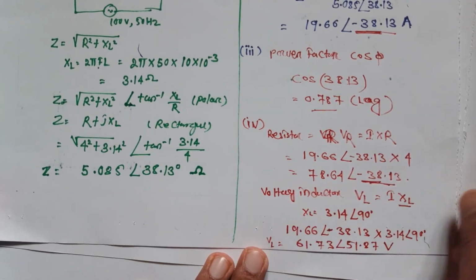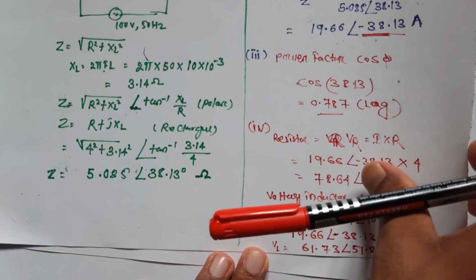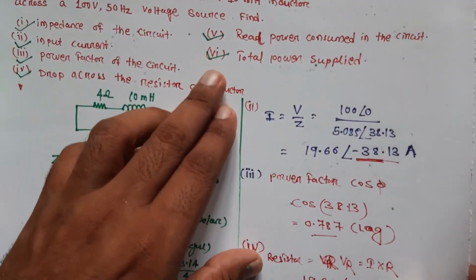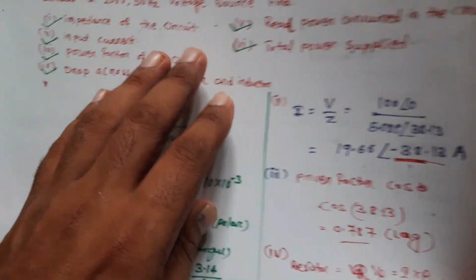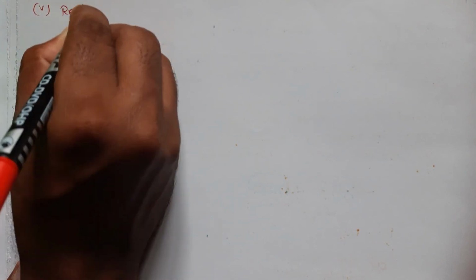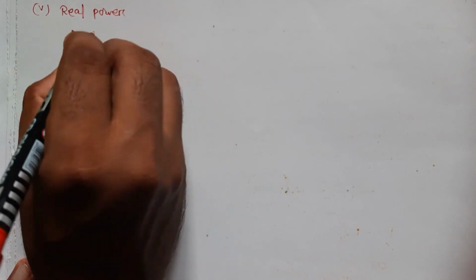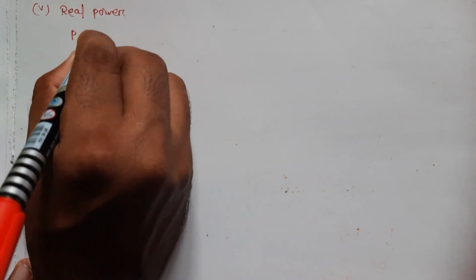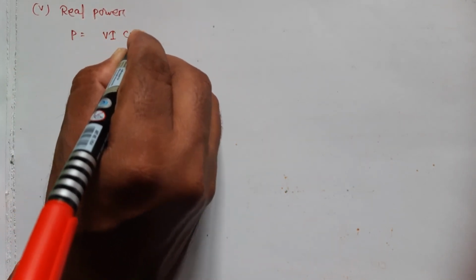Next, this is the fifth point: the real power consumed in the circuit. We know that real power is P equal to VI cos phi.